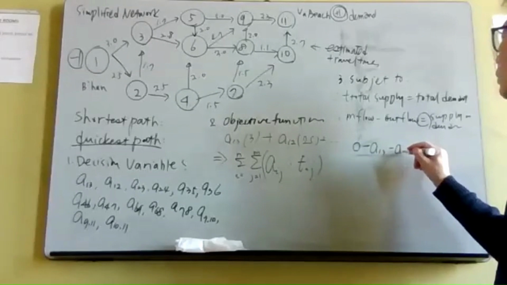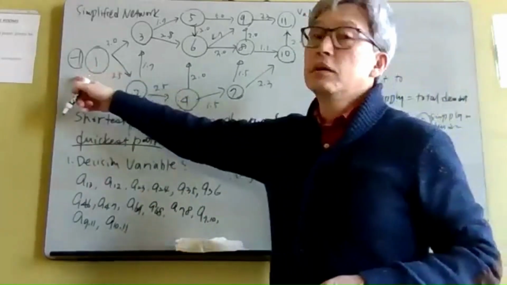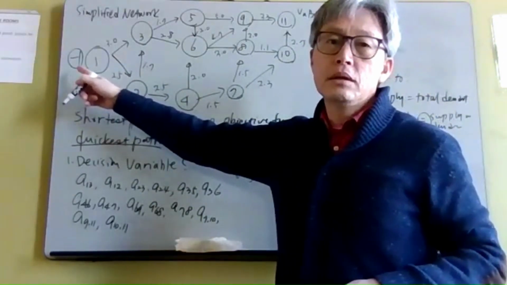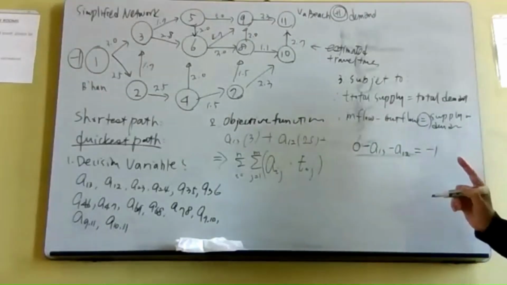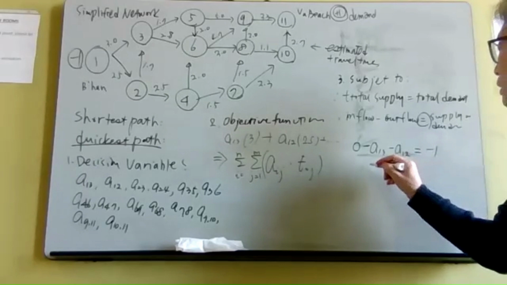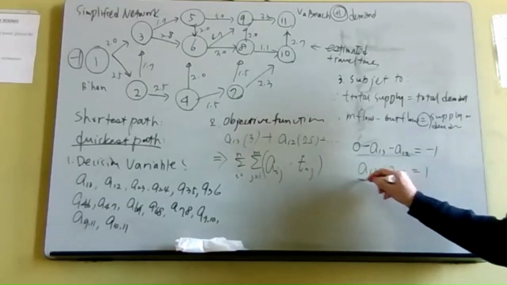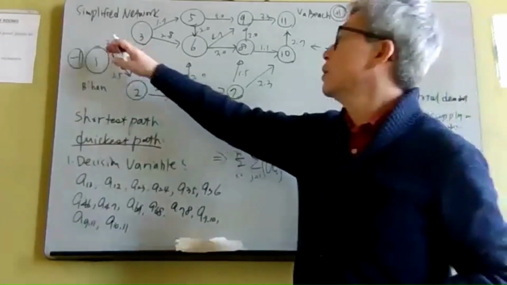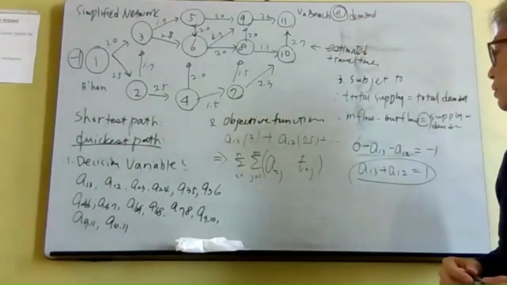Minus A13 minus A12 should be equal to -1. Are you getting this? Yes. Thank you. If you rewrite this, we multiply by -1 on both sides. So A13 plus A12 equals 1. That means you can only choose one way to go to Virginia Beach.